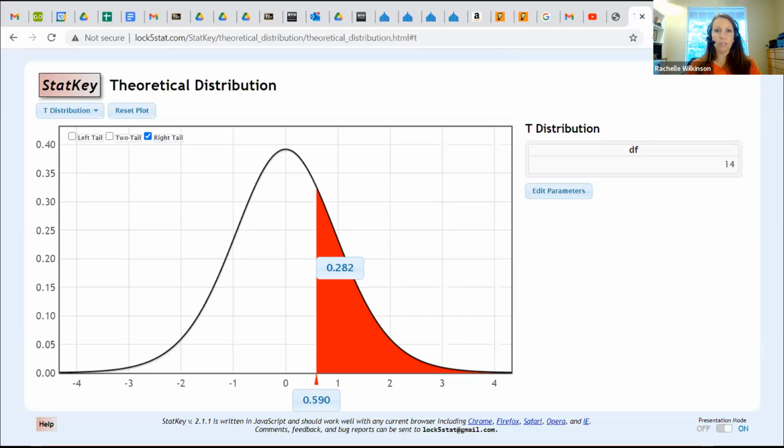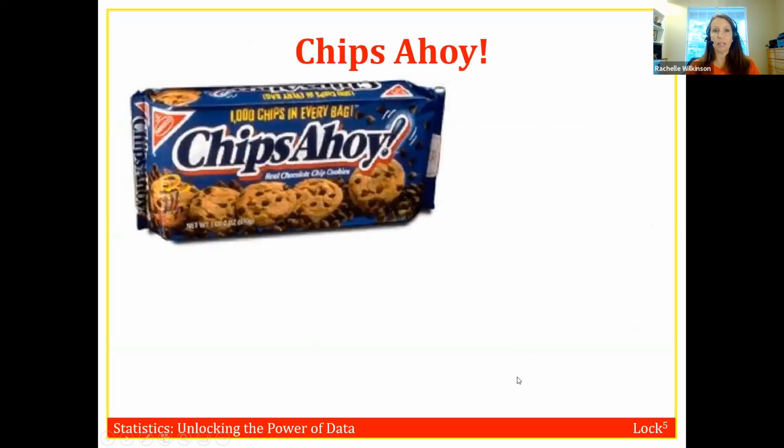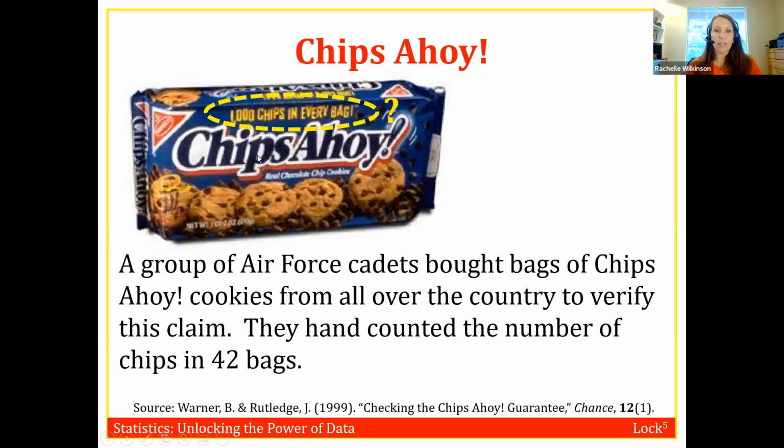All right, so let's look now at actually doing a hypothesis test and see how that's going to work. If you've seen a Chips Ahoy bag, then on the bag it says that there are 1,000 chips in every bag. And a group of Air Force cadets wanted to find out if this is true.